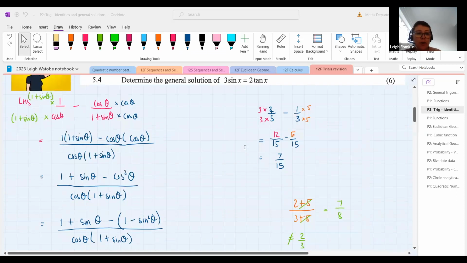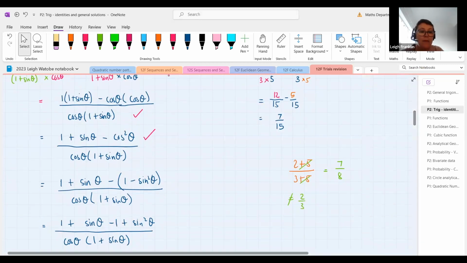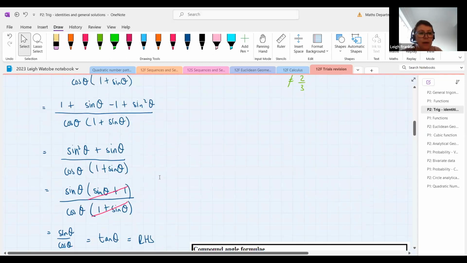So in Trig, they will always give us marks for applying an identity. They would have also given us a mark for our lowest common denominator and accuracy on our numerator. Then for applying our identity, how many marks is that? 3.